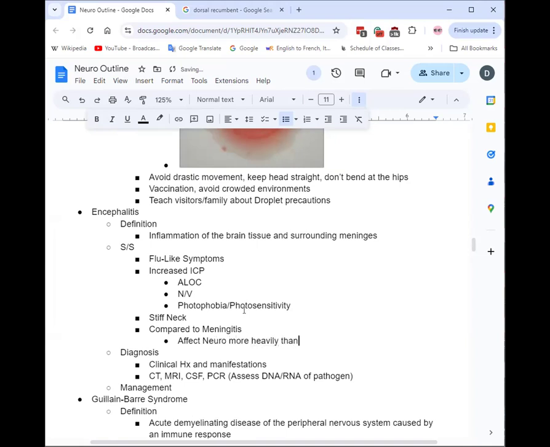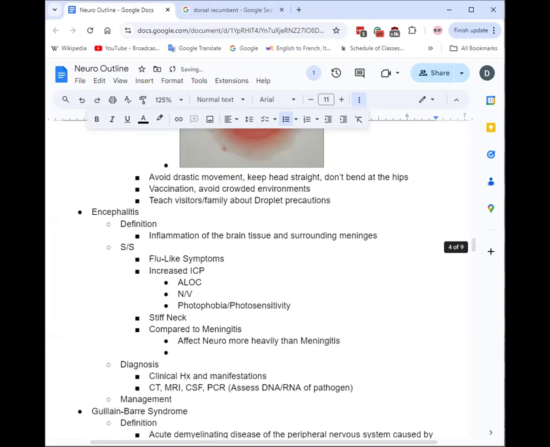You're going to have worse conditions. What else? Yeah, motor dysfunction. So you can have dysphagia, difficulty swallowing, pain and stuff.